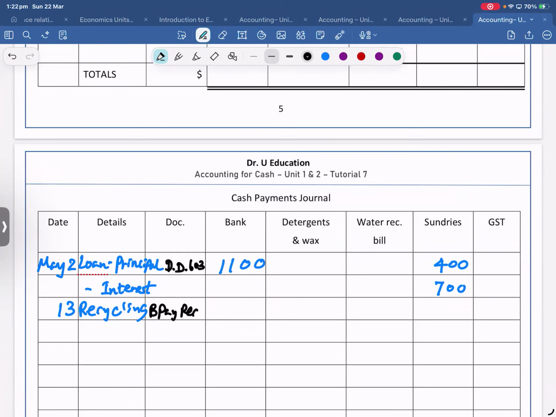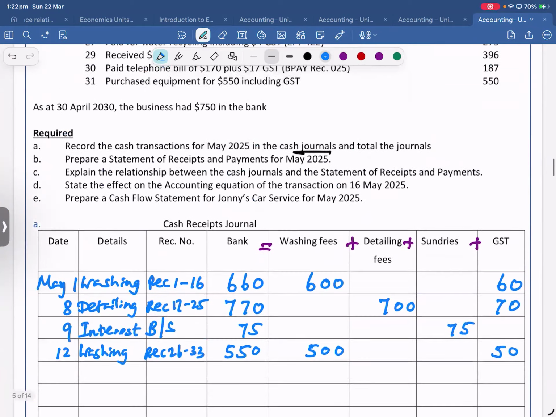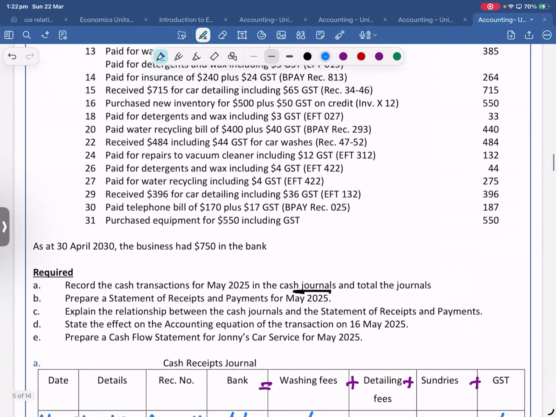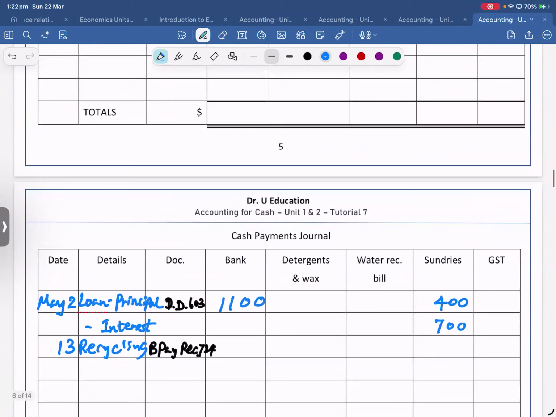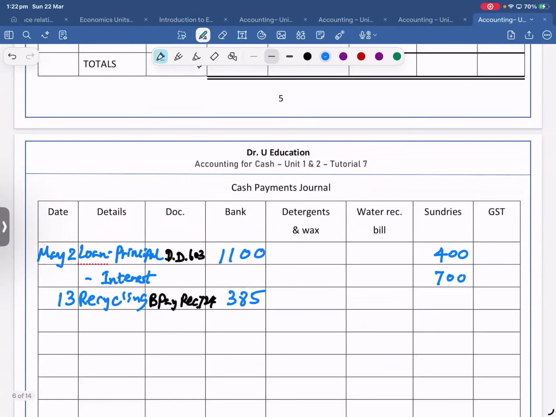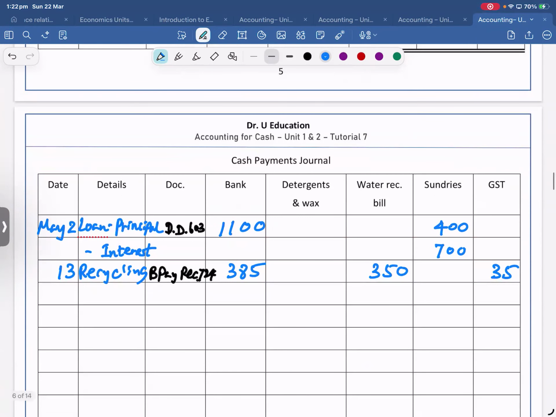Then how much is the amount? 385. Good. And then tell me the breakdown. The GST 35 and water recycling 350. Wonderful. Good. Then here also bank is equal to this one. Right.